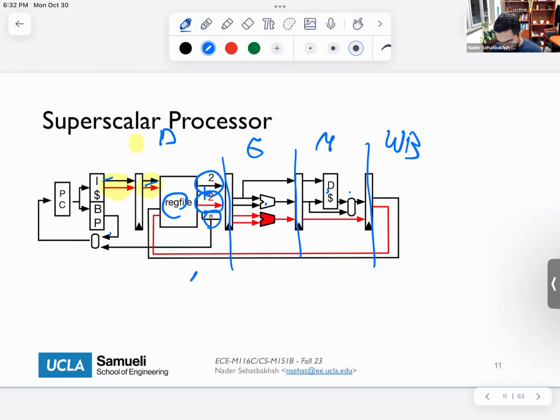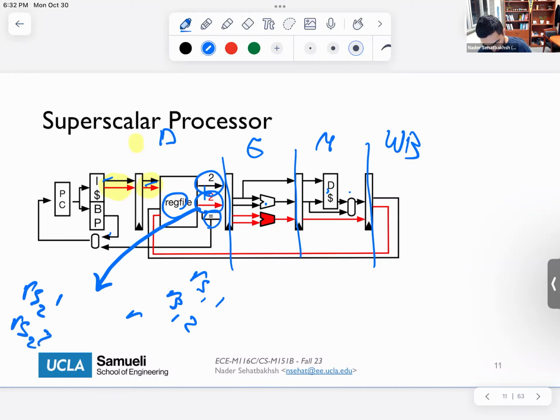So this is, for example, RS11, and then RS12, and then this red set here is RS21 and RS22. Okay, so the indices 1 and 2 mean the instruction 1 and 2, with the regular RS1 and RS2 that we had before.